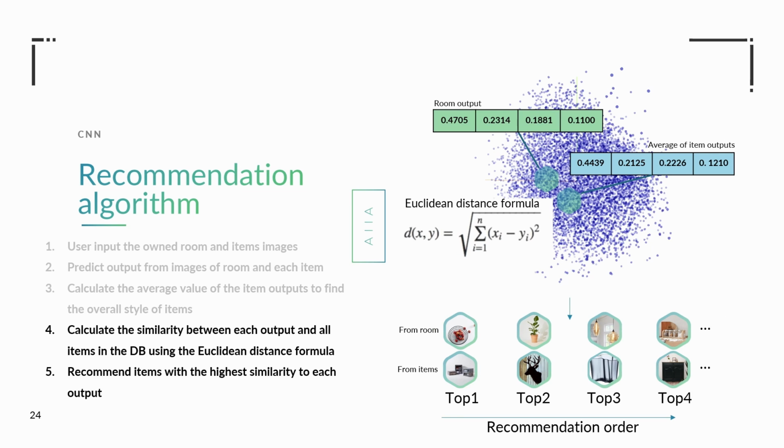Then calculate the similarity between each output and all items in the database using the Euclidean distance formula. Finally, recommend items with the highest similarity to each output, from room and from items.